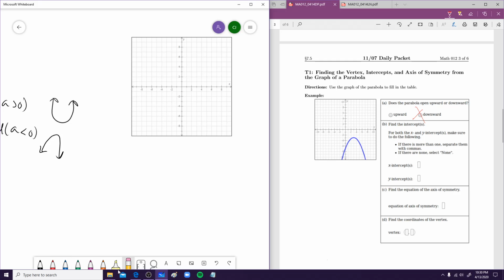Going over to the left, if our graph looks like this, I'm going to take this mouse and see if my mouse ever crosses our graph. And it does. It crosses right here, and I keep going, and it crosses right here. Whatever x value it crosses, that is the x-intercept.